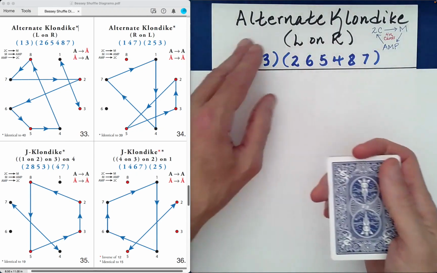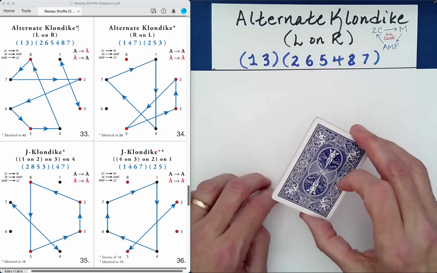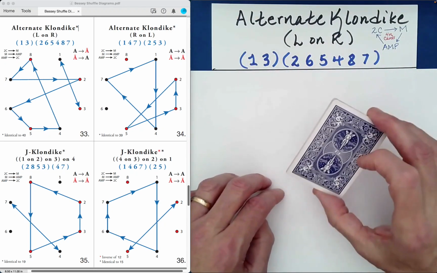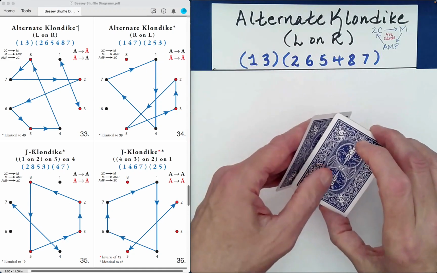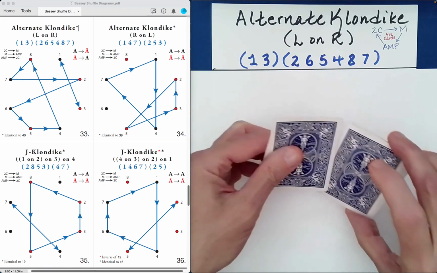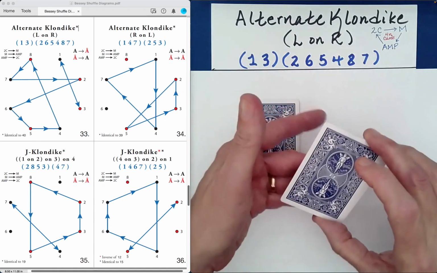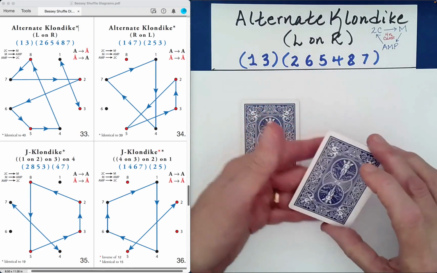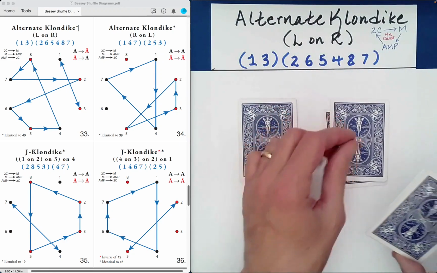So what is an alternate Klondike? Well, this is where you hold the cards in biddle grip, it's called, and then you perform a Klondike shuffle type action. So you pull off the top and bottom card as 1, you set it down into a left pile, and then you take the top and bottom card off as 1 and set those two into a right pile.